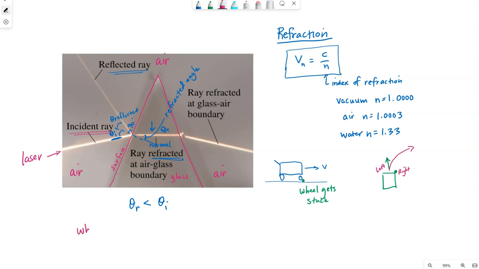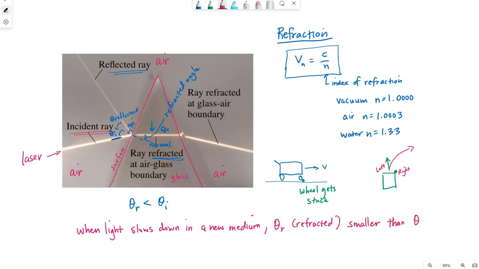So when light slows down in a new medium, the refracted angle is smaller than the incident angle. That's what we see in this picture.